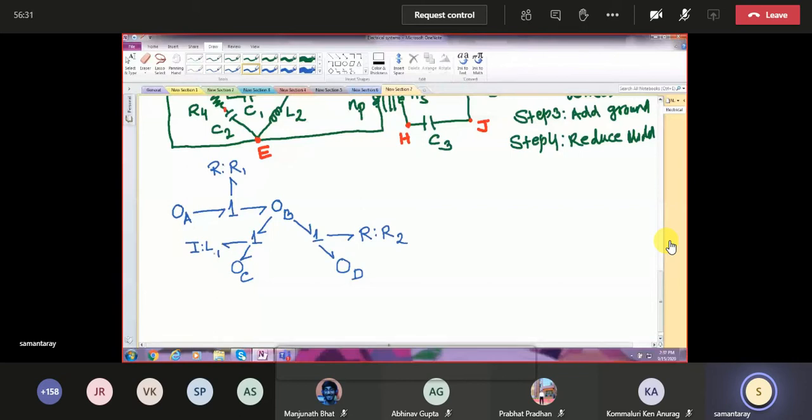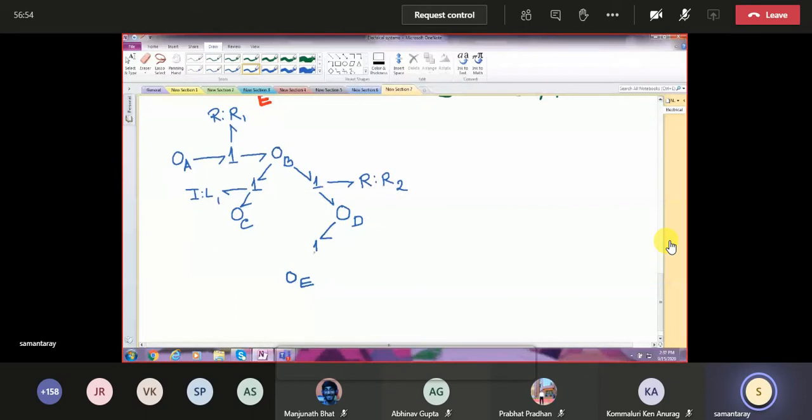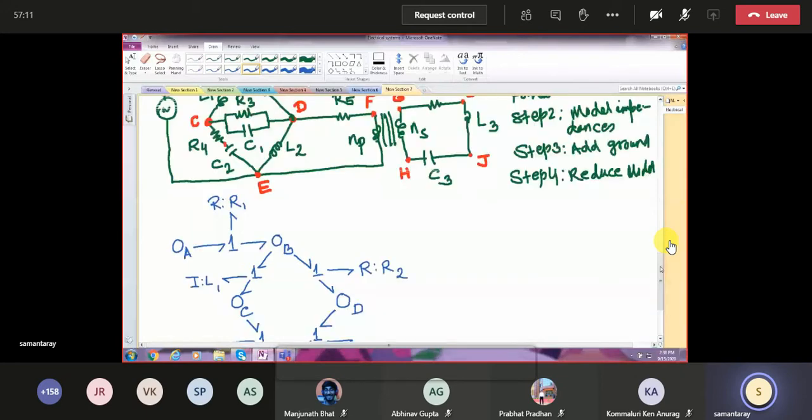So likewise, I will put this 0E somewhere below. Between 0D and 0E something is there, and between 0C and 0E something is there. So what is that something? Between D and E, L2 is there.